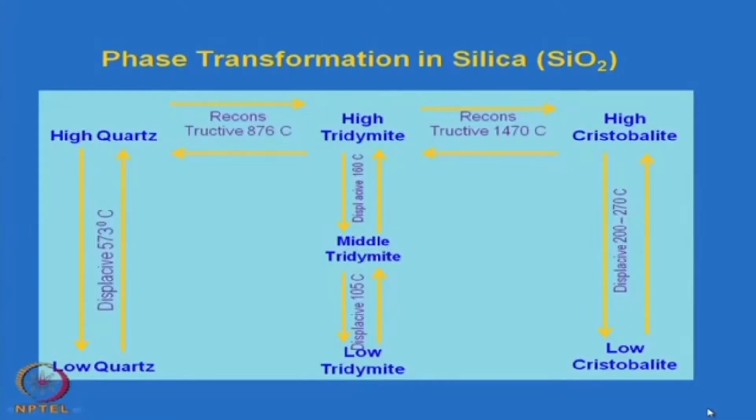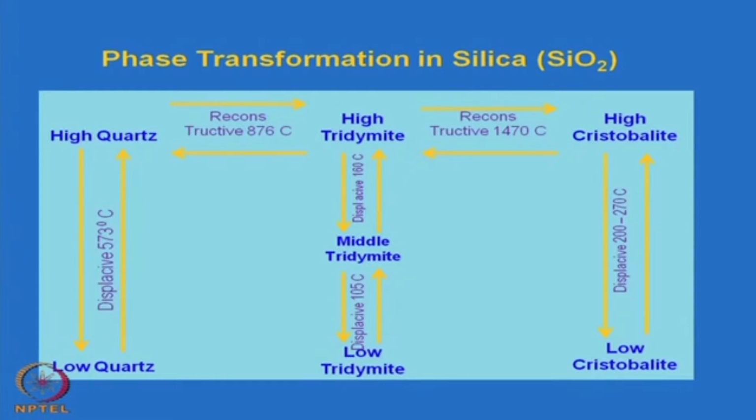So, when we are talking about these two transformations in reference to transformation of silica, then we have a displacive transformation. This is actually a time independent phenomenon. That means it is a very fast process, and that is an athermal process.